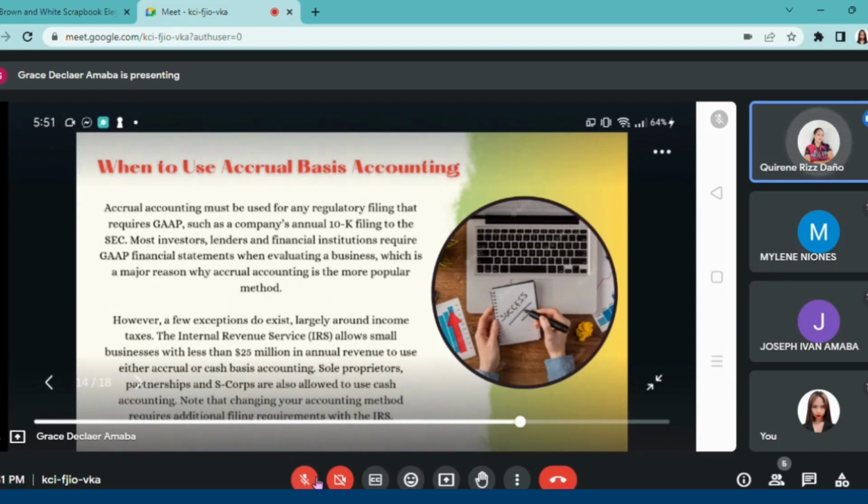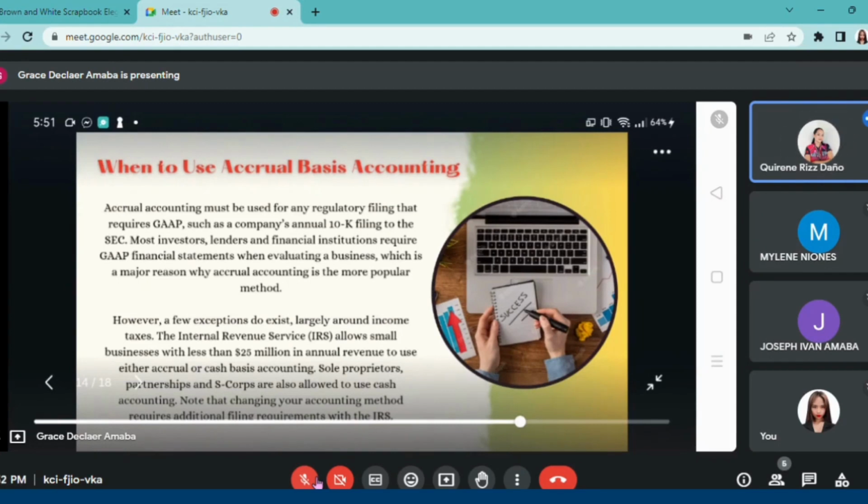So, when to use accrual basis accounting? Accrual accounting must be used for any regulatory filing that requires GAAP, such as a company's annual 10-K filing to the SEC. Most investors, lenders, and financial institutions require GAAP financial statements when evaluating a business, which is a major reason why accrual accounting is the more popular method.